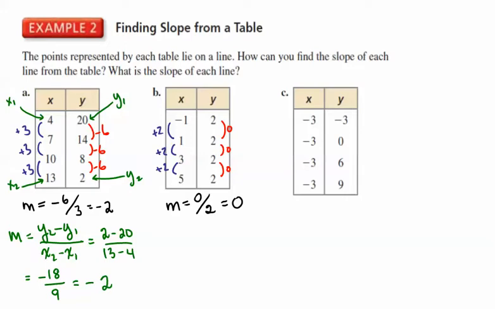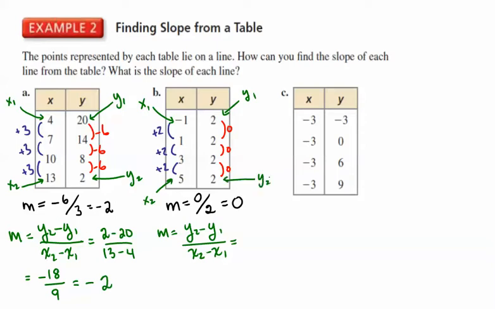Alright, let's try this using our slope formula. So m is equal to y2 minus y1 over x2 minus x1. And I'll always write the formula first because that helps me to memorize it. I'm going to just pick the first and the last points. We assume that they all lie on the same line, so that would be x1, y1, x2, y2.